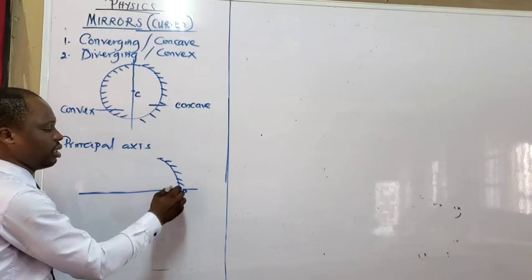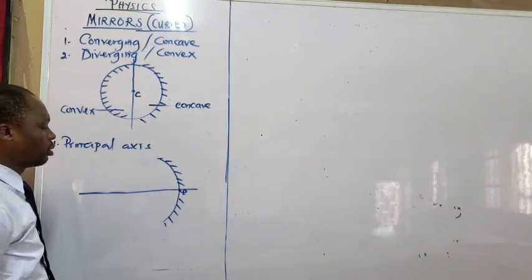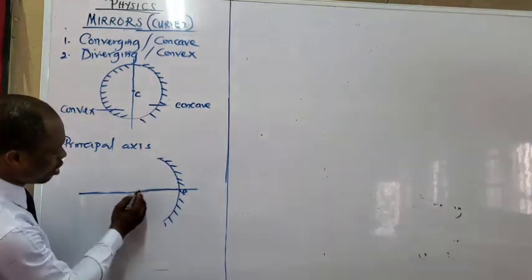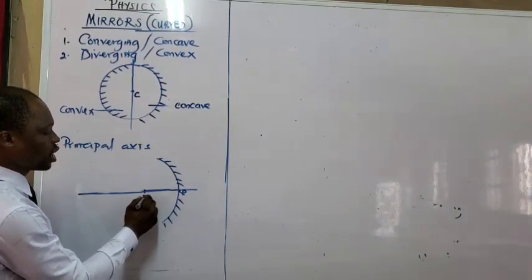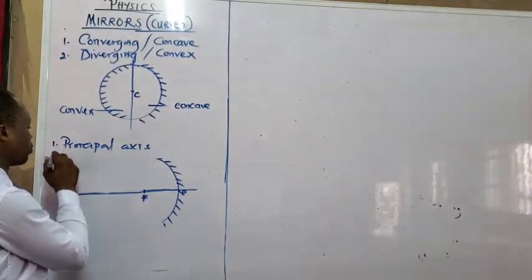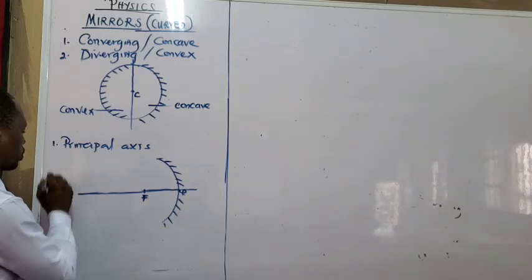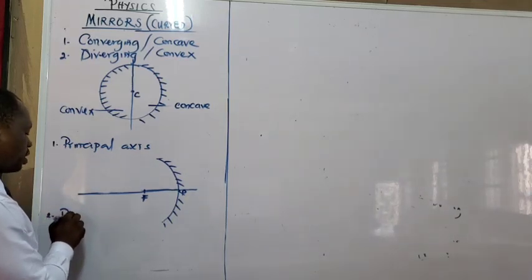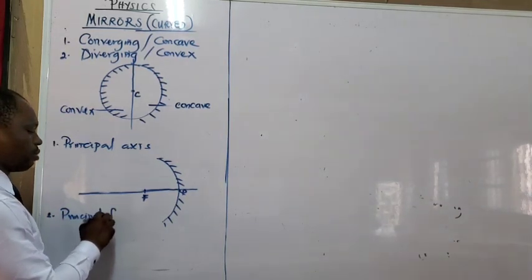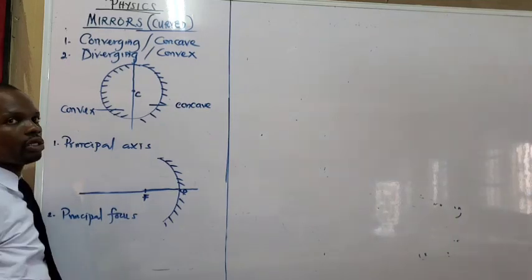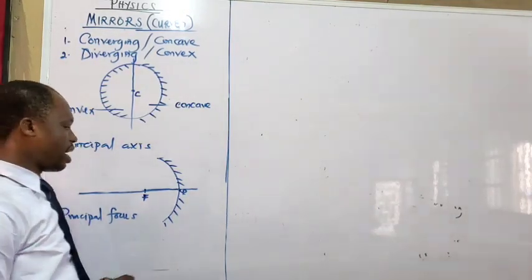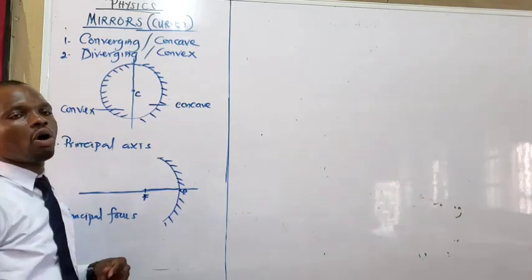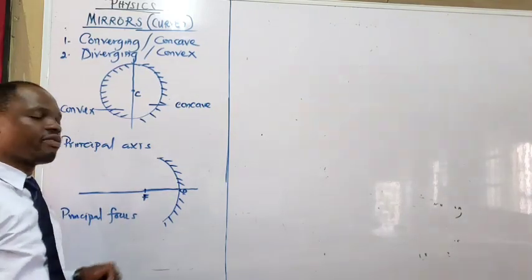Let's start with the concave mirror. We have the principal focus. That is the point to which all parallel rays of light converge, or from which they diverge.